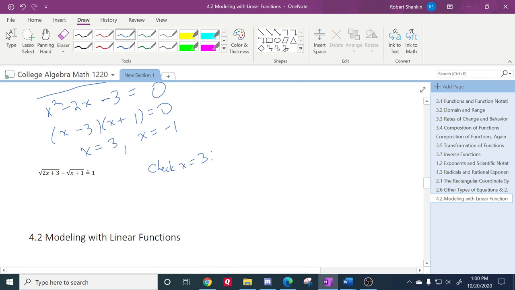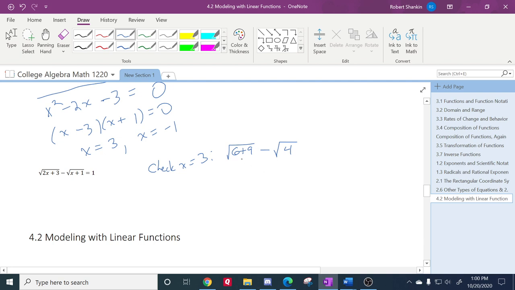I would get square root of 6 plus 9, plus, no, minus square root 3 plus 1 is 4.